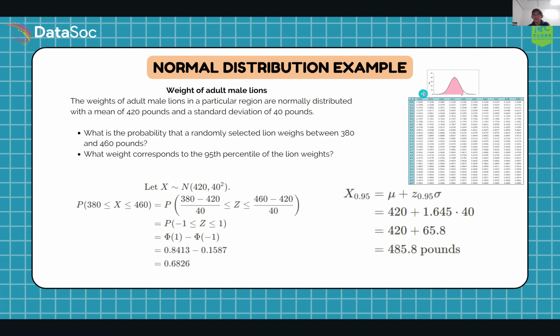So we want to find the value on this table which corresponds to 0.95, and then we multiply that by sigma, the standard deviation. And we know that the mean here is 420, the Z value for 95% is 1.645, and the standard deviation is 40, so we multiply those two together and add it onto 420, which will equal 485.8 pounds, which is the weight corresponding to the 95th percentile of the lions' weight.